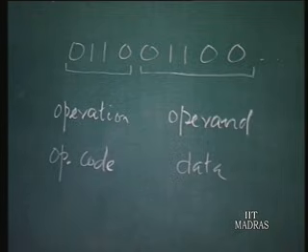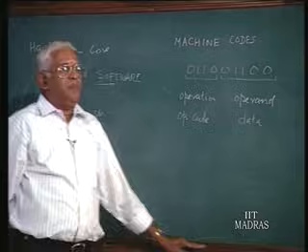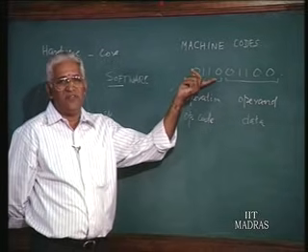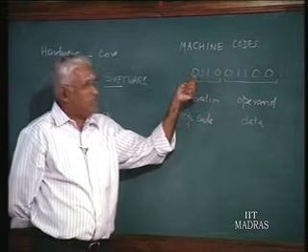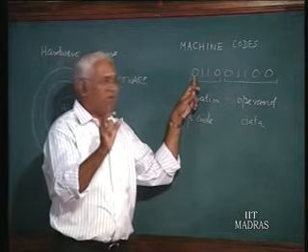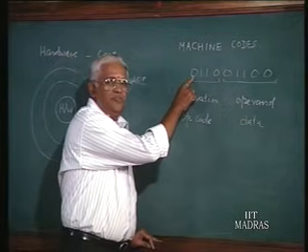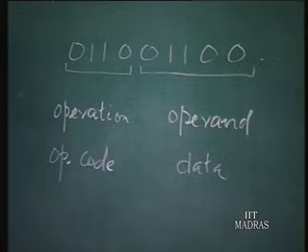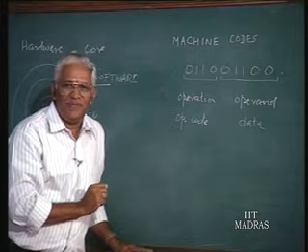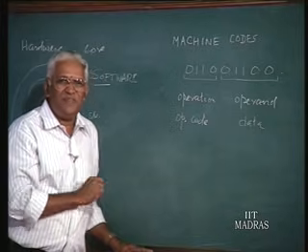Now, imagine a particular programmer must know these details at this very low level, because it is at this low level, like a particular active device, say 0 means it is not conducting, 1 means it is conducting. That is, at the physical level of the machine, one must know what is going on. So, this is very difficult to remember, but that is hardware. The hard part of it is that.